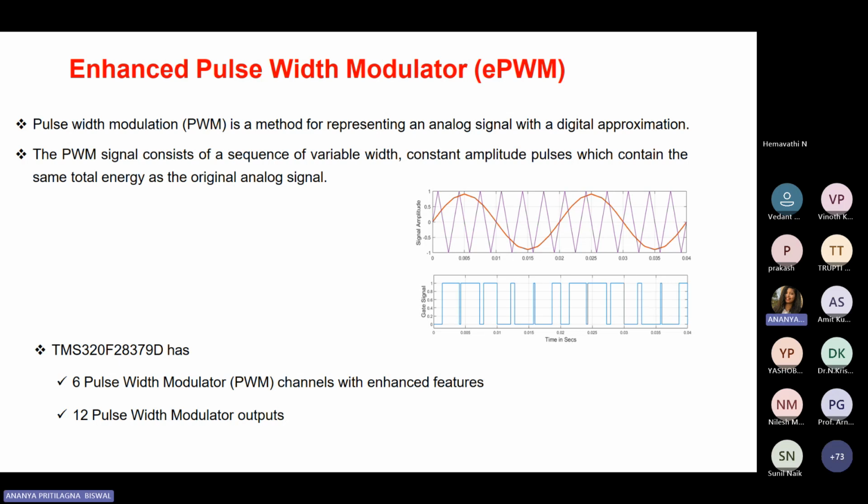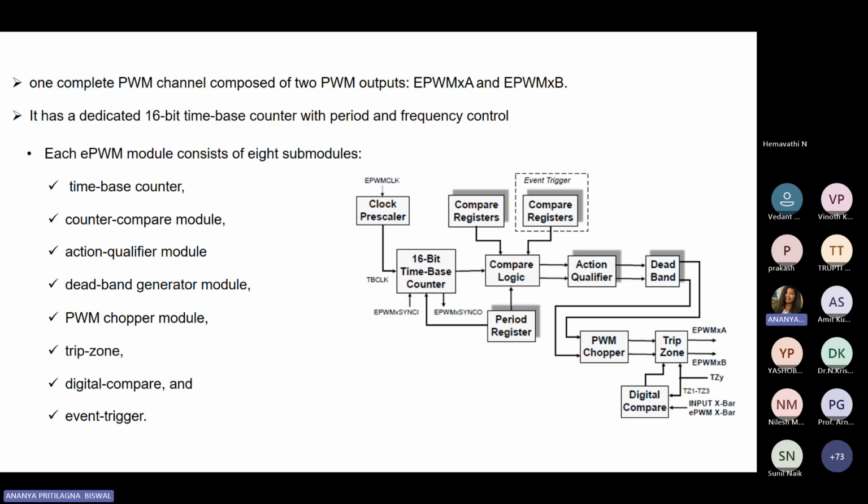This controller has six pulse width modulator channels and 12 pulse width modulator outputs. One complete PWM channel is composed of two PWM outputs, EPWM A and EPWM B. It has a dedicated 16-bit time-based counter with period and frequency control.